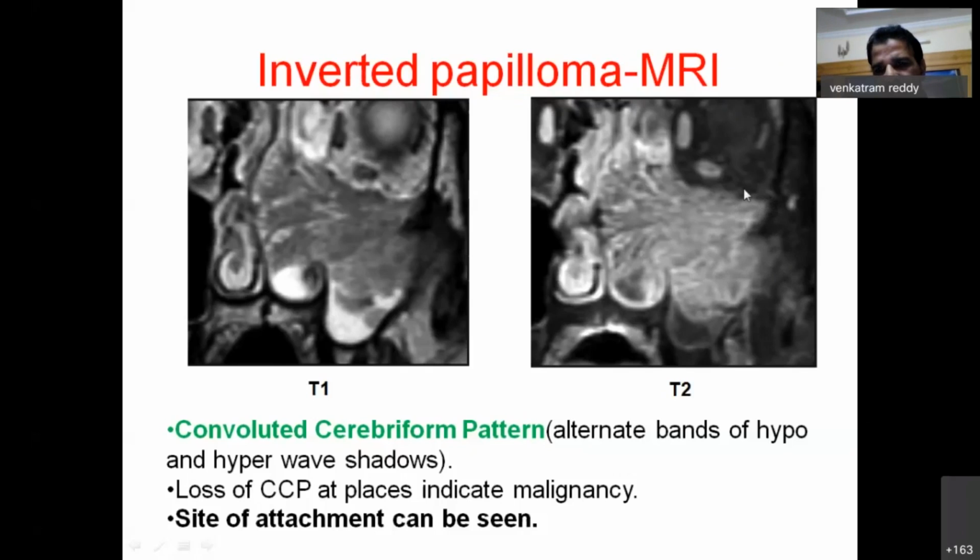Also, if there is loss of CCP somewhere in the middle or in the beginning, a complete area of loss of the convoluted cribriform pattern, then you have to suspect malignancy. As you all know, inverted papilloma is a pre-malignant condition. If there is a loss of CCP in certain areas, you have to suspect malignancy in those cases.